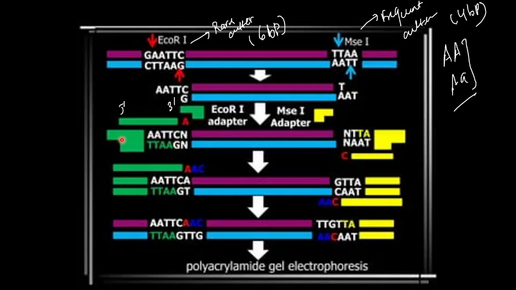So you design the primers against the adapter and the restriction site, and then you add a particular sequence. Suppose it is A, then in the complementary strand, if it is T, this will bind and you will get a fragment. Amplification is going to be there. But again, there might be many fragments which have the T, so this is not very specific.